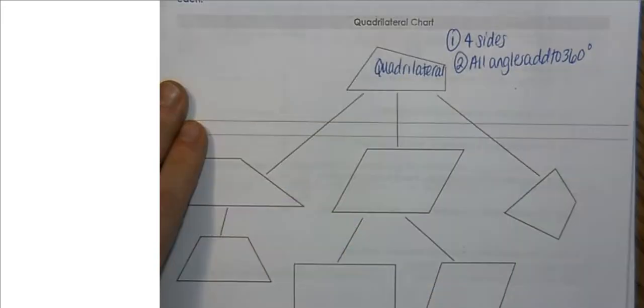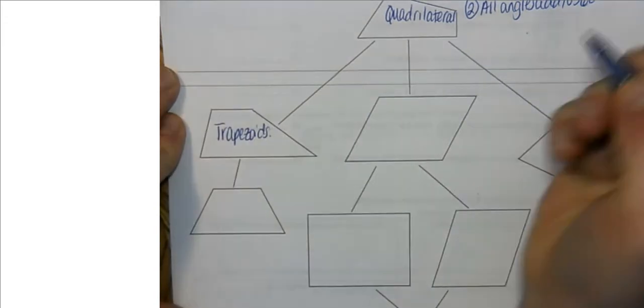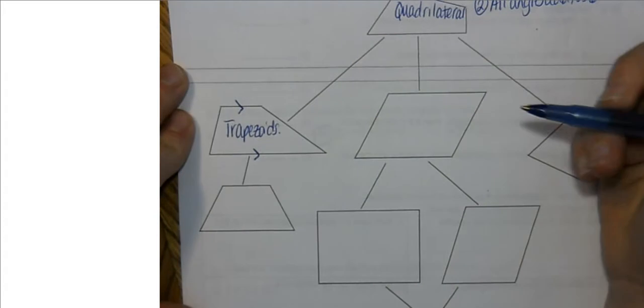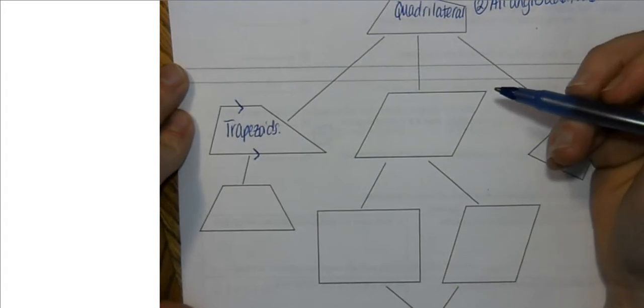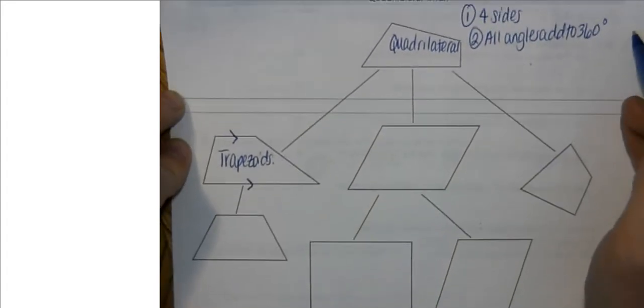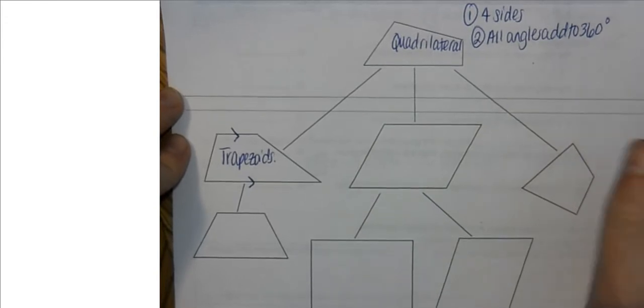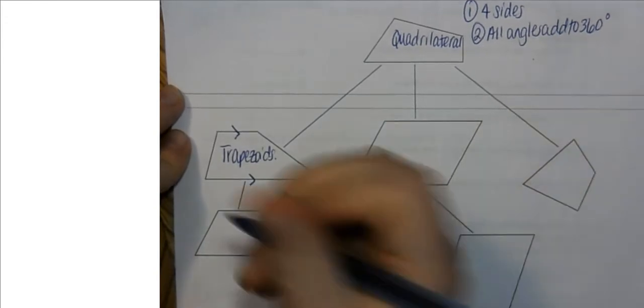Quadrilaterals have three different sections. The first section is trapezoids. Trapezoids simply have one pair of parallel sides. That's it. There's nothing to talk about when it comes to their sides or angles. It's still a four-sided figure, and all of the angles add to 360, but it only has one pair of parallel sides.